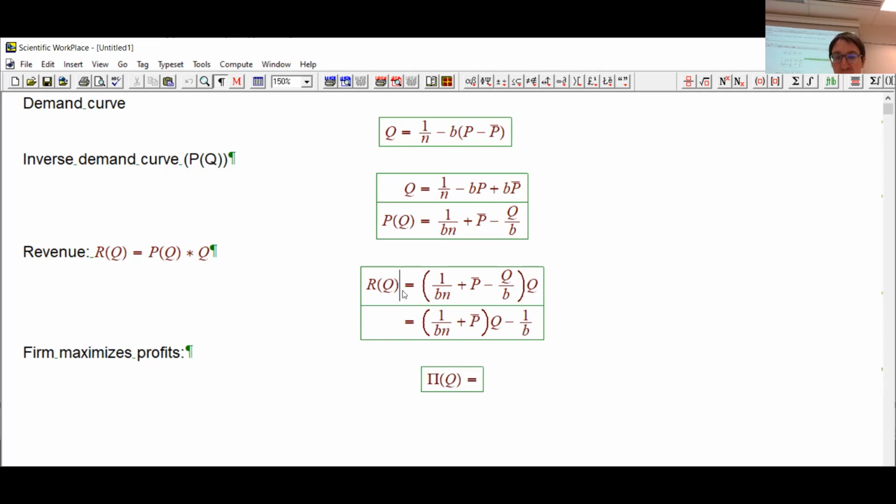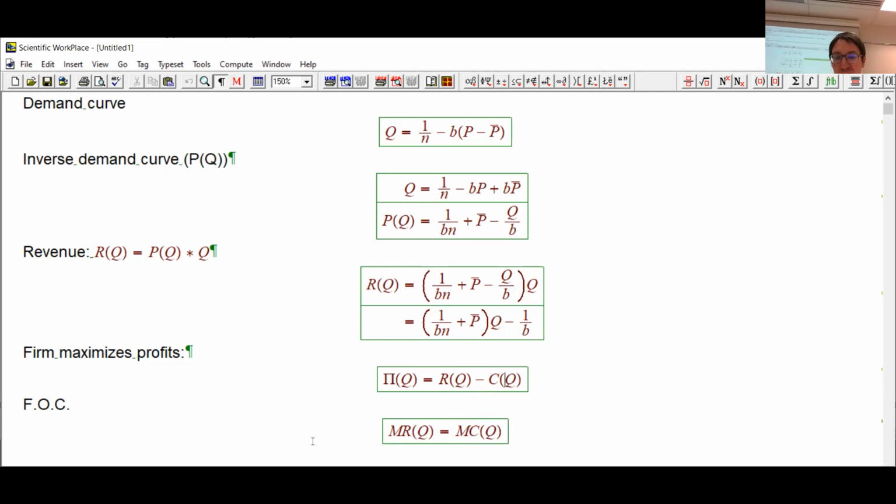Revenue minus cost, and I'm going to get the same as usual: marginal revenue equals marginal cost.